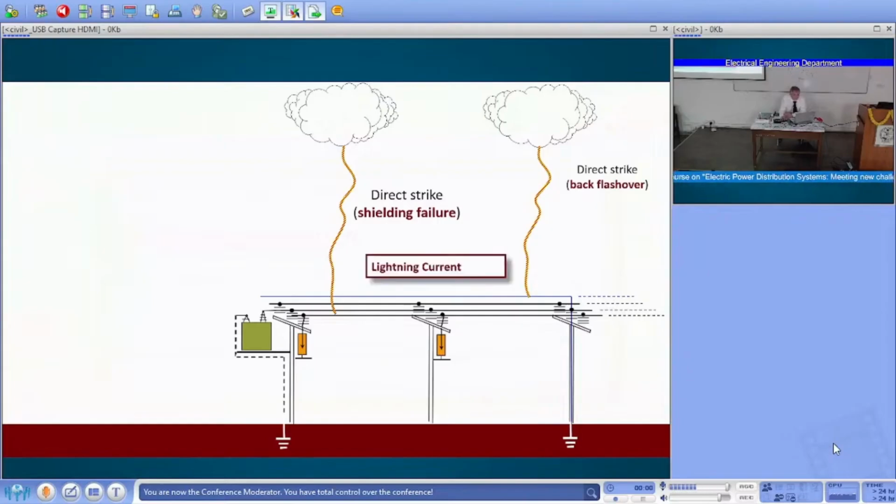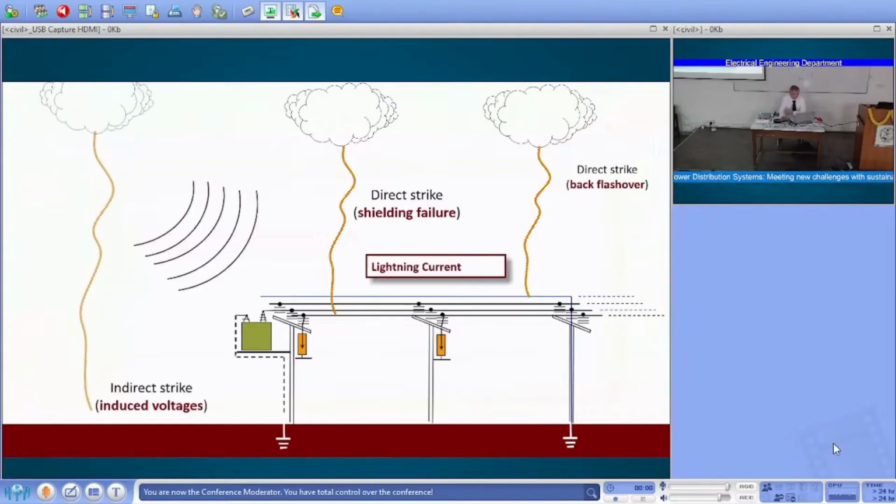But there is another effect, that is the fact that we can have indirect strikes, so strikes not to the structure directly, but in the vicinity. For example, there is a line with buildings and the strike is on the buildings around the line or in the terrain around, because there is a tree nearby to the line.